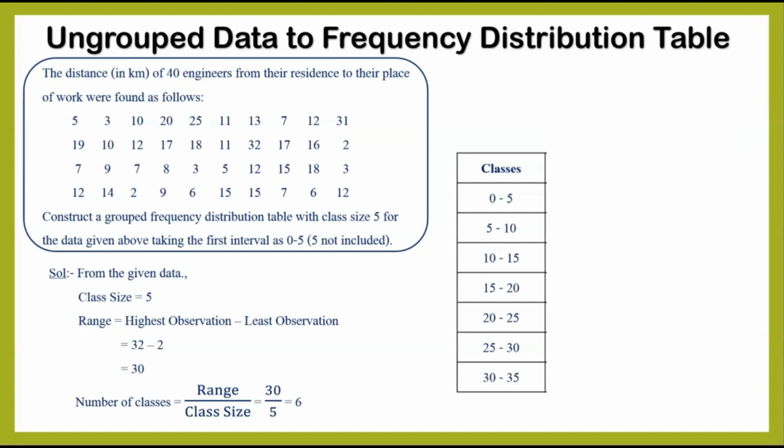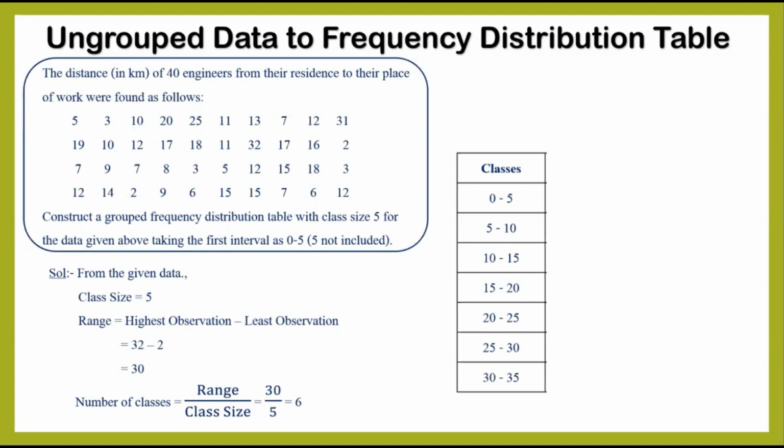So here we need to take 7 classes: 0 to 5, 5 to 10, 10 to 15, 15 to 20, 20 to 25, 25 to 30 and 30 to 35, because 32 is also there, whereas the least is 2. 2 is the least observation and 32 is the highest observation. It's not possible with 6, so we took all 7 classes.